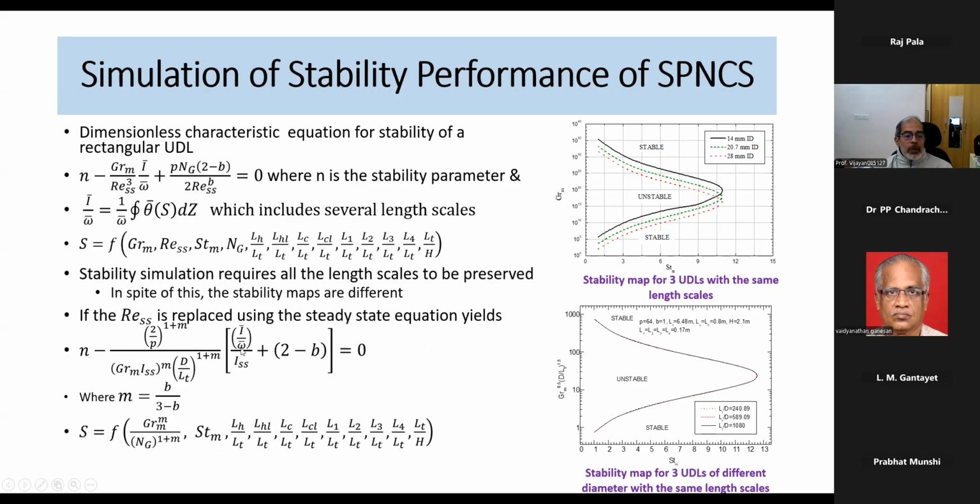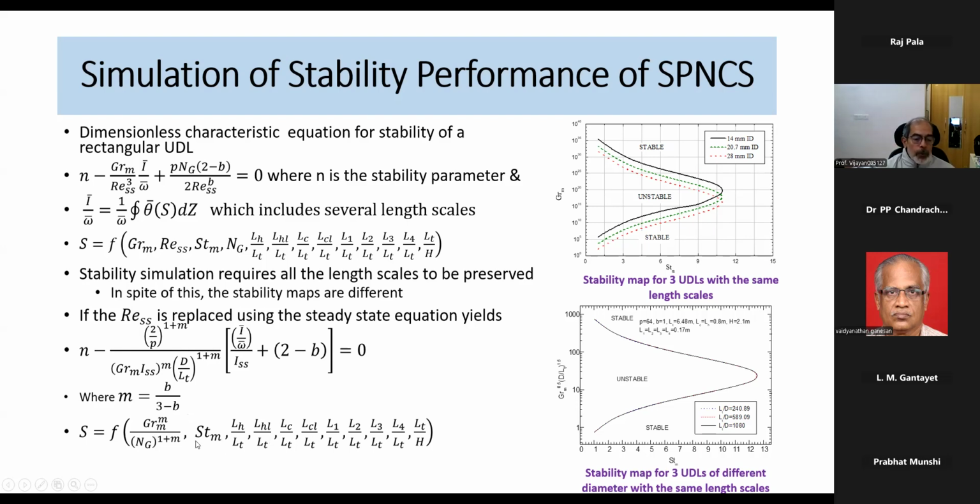1 plus 3 by 3 minus b, that is how it will come, and that value. So only 2 physical parameters.